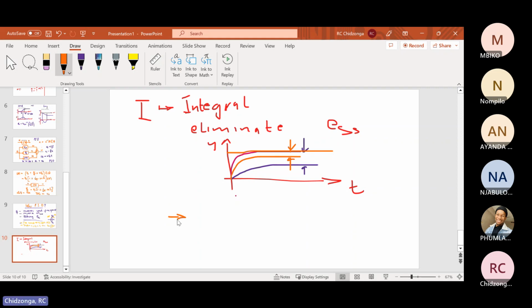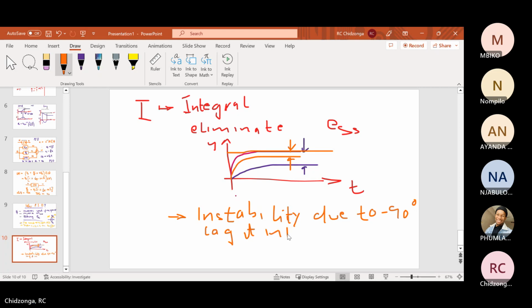But one big disadvantage of integral control, it can also lead to instability due to the minus 90 degrees phase lag it introduces to the process.